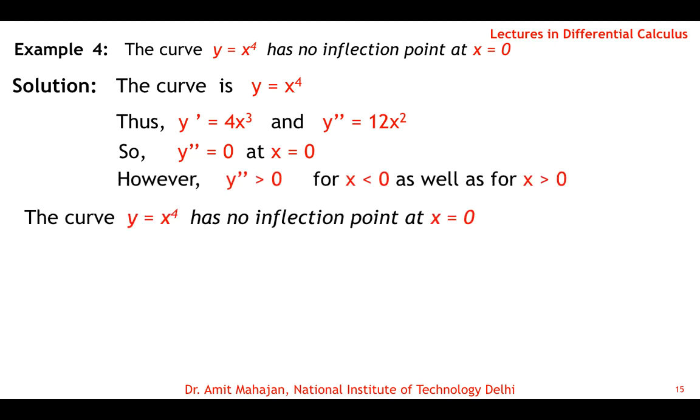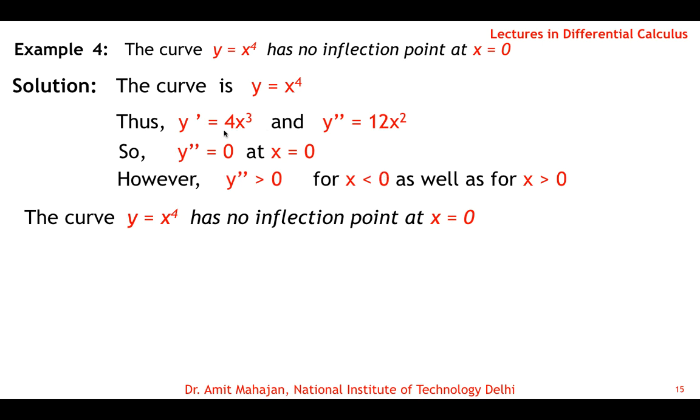So you can easily check this: the second derivative, which is 12x² here, is always positive for all x. If you choose x less than 0 points or x greater than 0 points, the second derivative remains always positive. So the concavity does not change as we go from the left of the origin to the right of the origin.